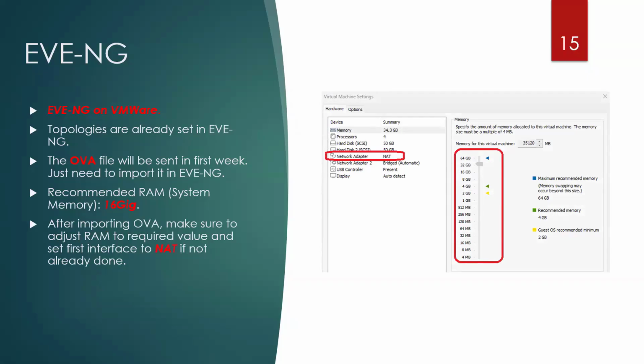I showed you that screen when you boot the OVA, and there should be an IP address in the CLI. That's the IP you open in the browser. So if you're not seeing any IP, make sure you shut down the EVNG and make sure your network adapter is set to NAT, and then try again, and it should start showing that it has received the IP address, right?